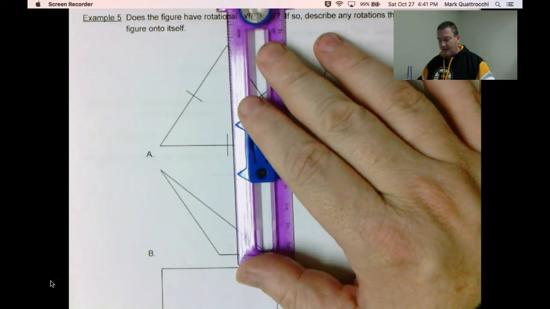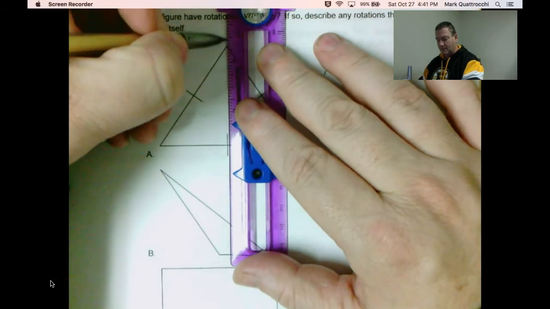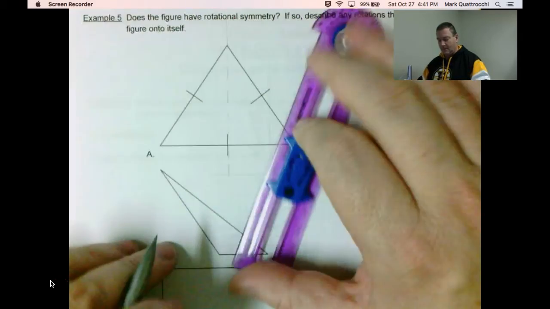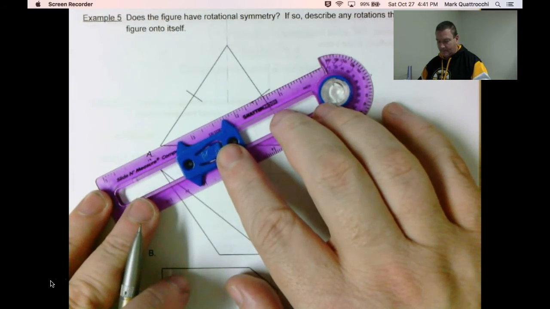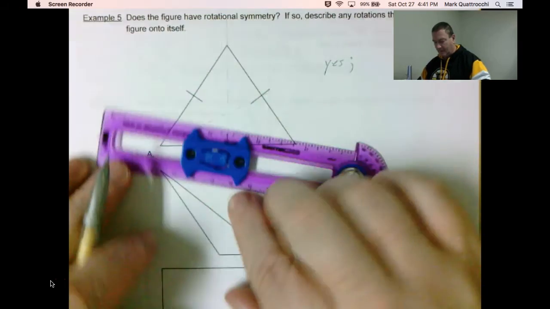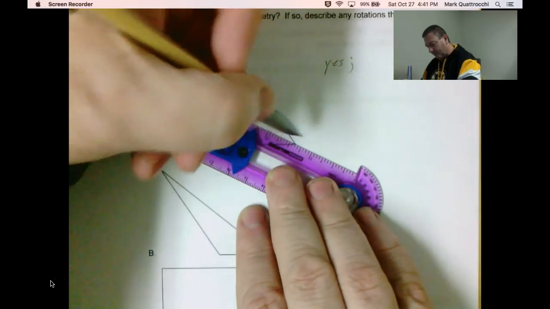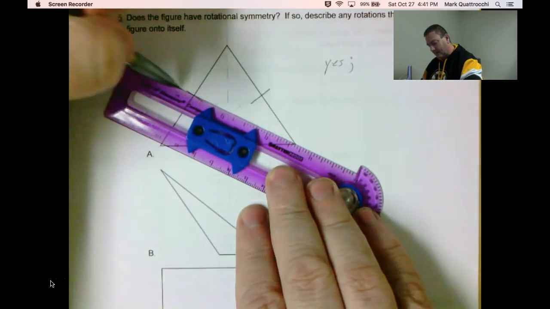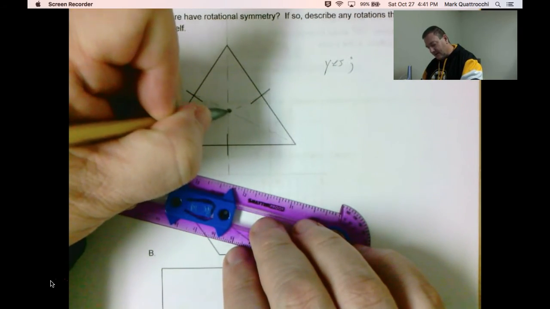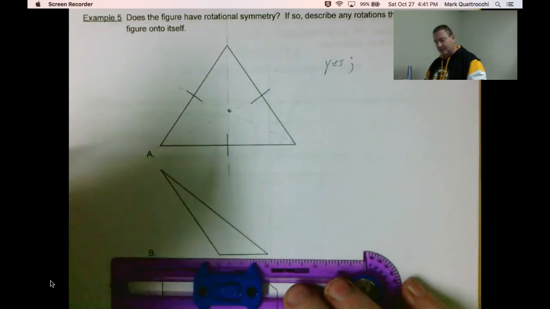It has lines of reflectional symmetry here, here, and here, which means right here is a center of rotation. Okay, so that's our center of rotation.